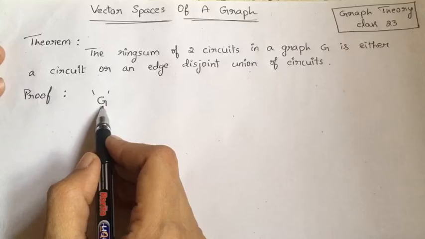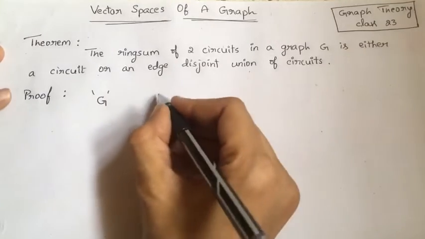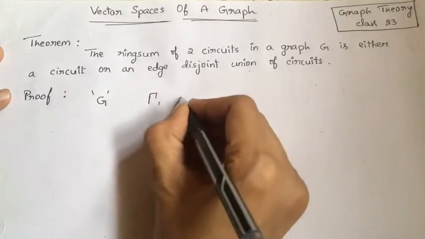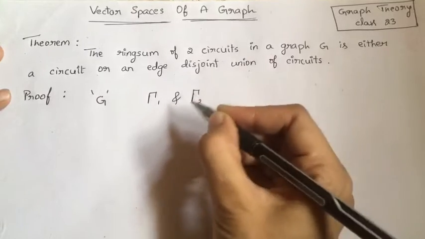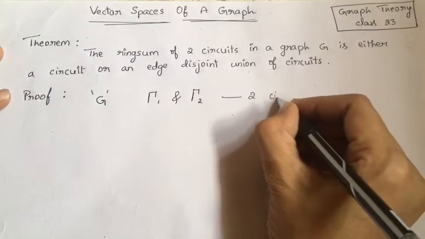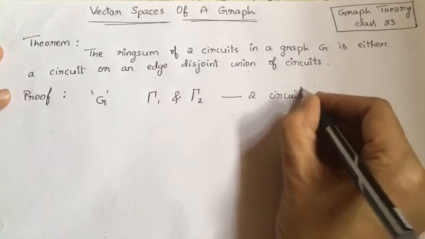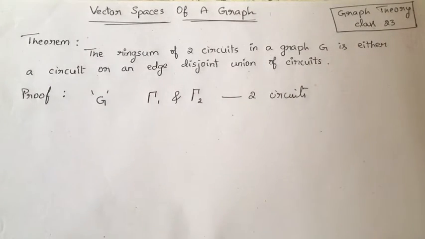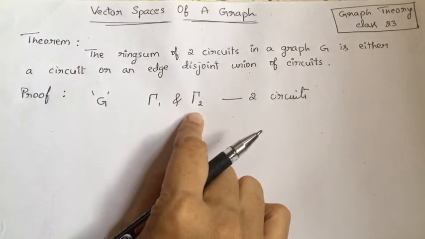Let G be my undirected graph, and say gamma 1 and gamma 2 be any two circuits in graph G. These two circuits may have a common edge or common vertex.